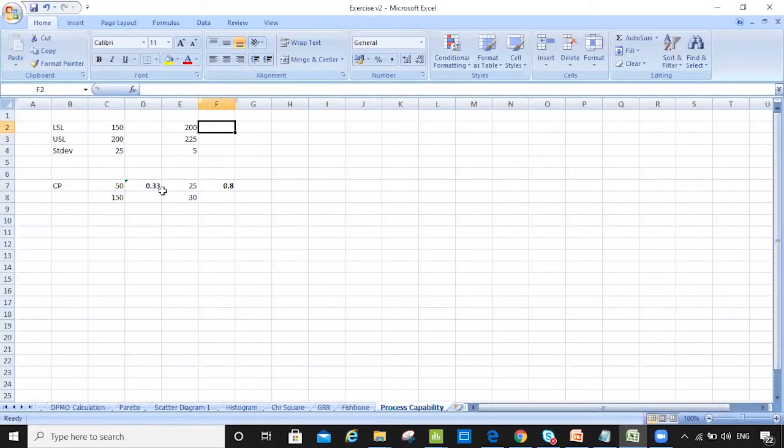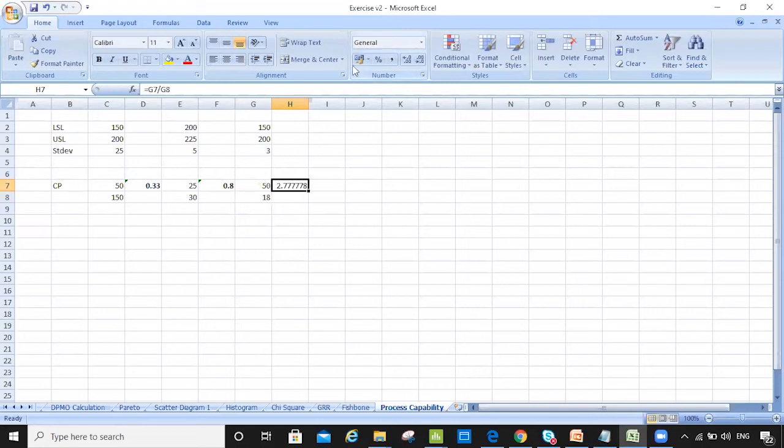My LSL is 150, USL is 200, and my standard deviation is 3. So USL minus LSL is 50, and 6 standard deviation would be 3 into 6, which is 18. So 50 divided by 18.